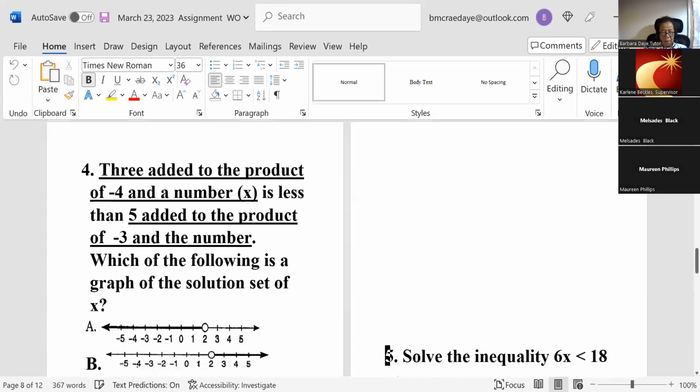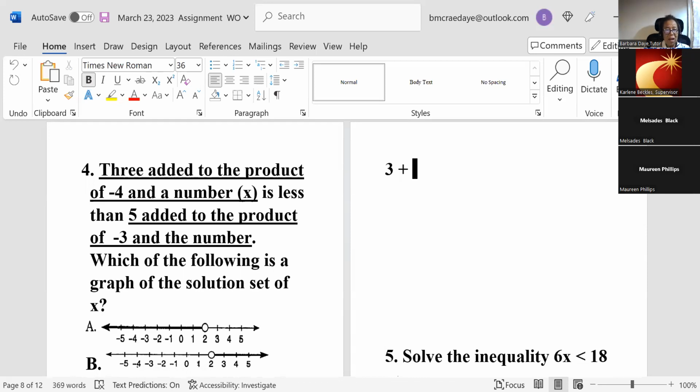Now, Mercedes, how would I write 3 added to the product of a -4 and a number? What would I write? I'll say 3. What's the symbol for add? Plus. Okay, plus.